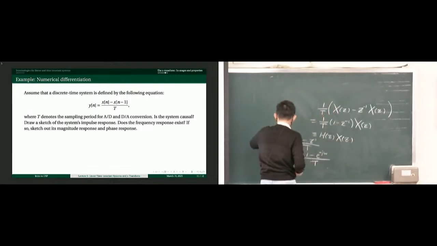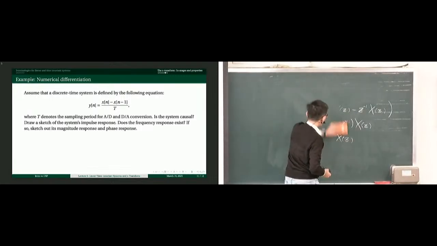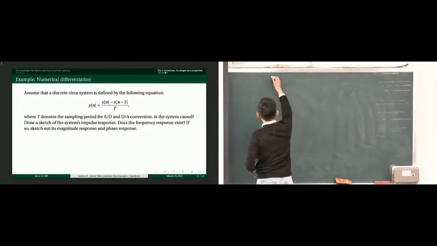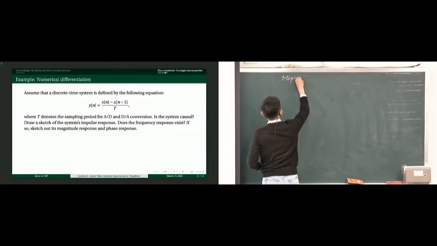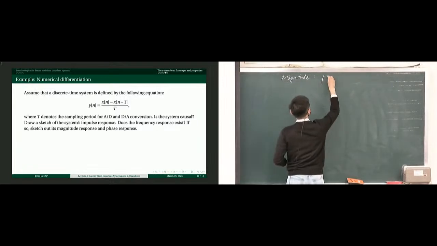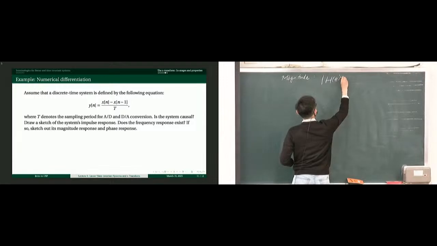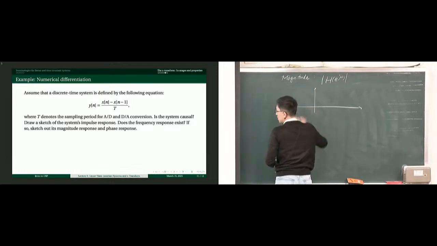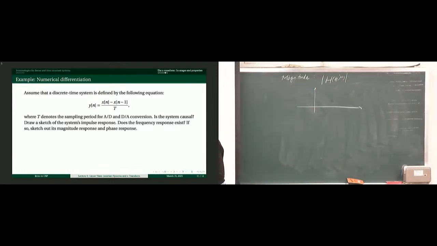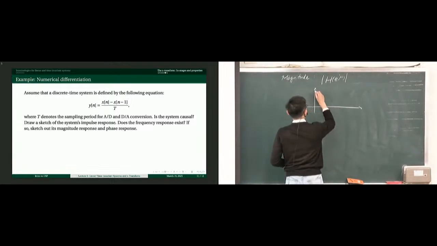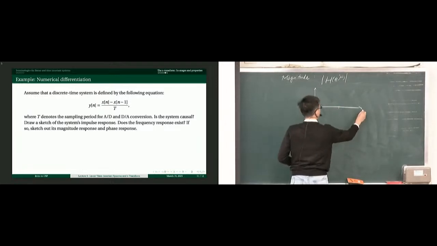So now we are ready to plot the magnitude response and the phase response. The magnitude response should be the absolute value of our frequency response. The result is 1 over T, 2 sine omega divided by 2.